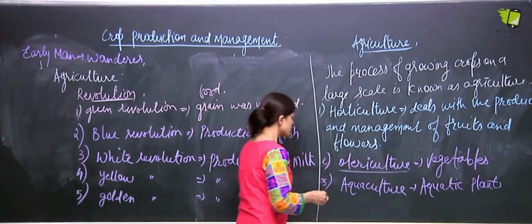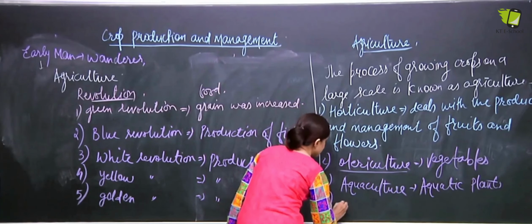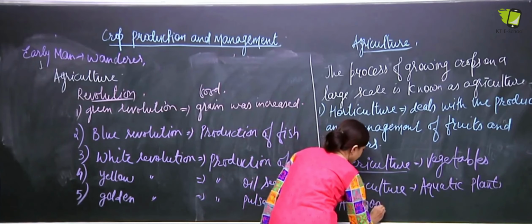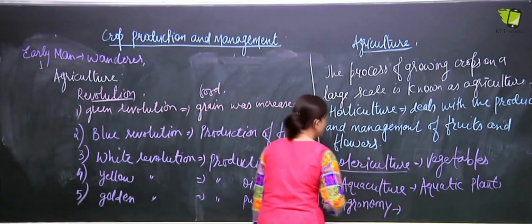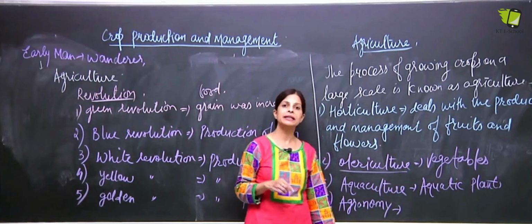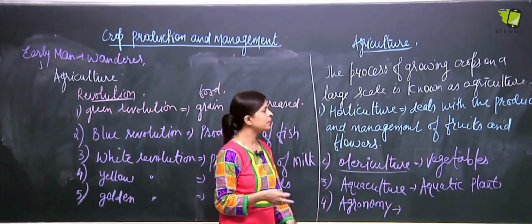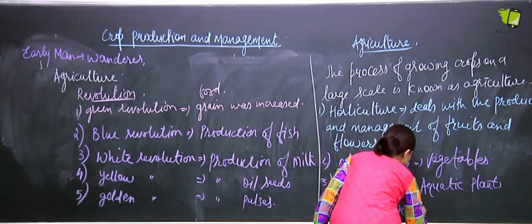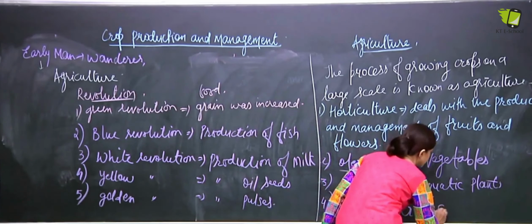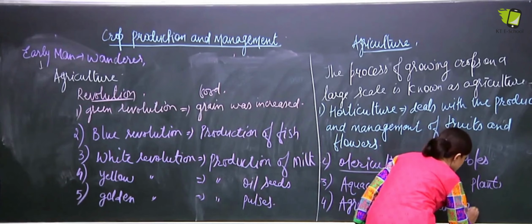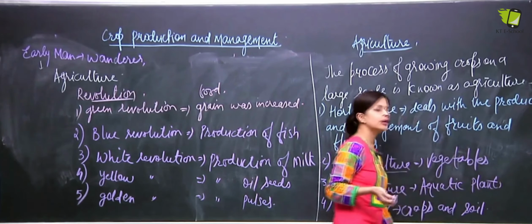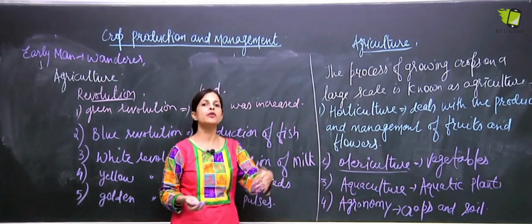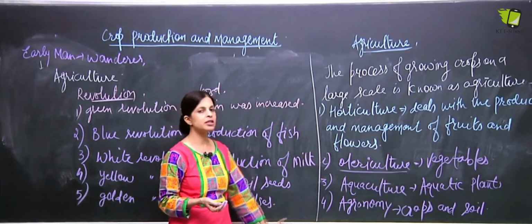Okay, now fourth one is agronomy. It deals with the development, management of the crops and soil. Okay, so the branches of agriculture, there are few more branches, but this one is quite enough for you all.